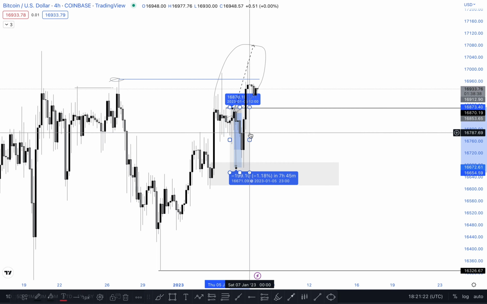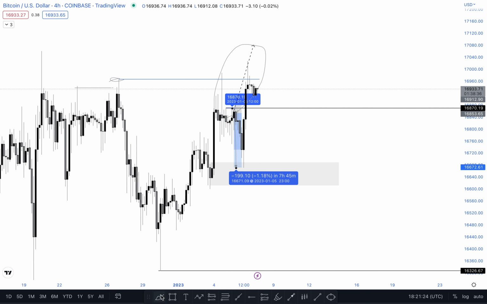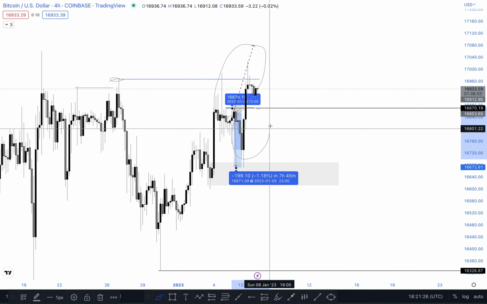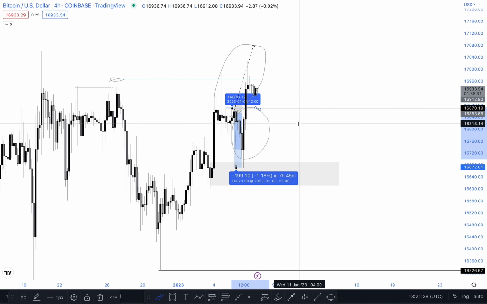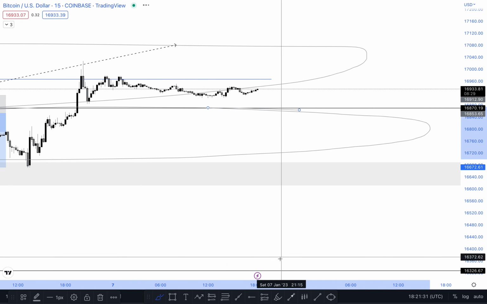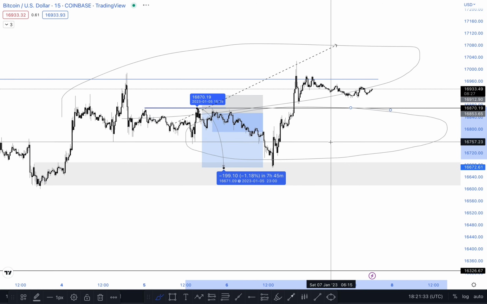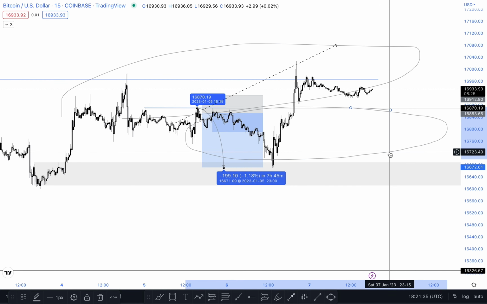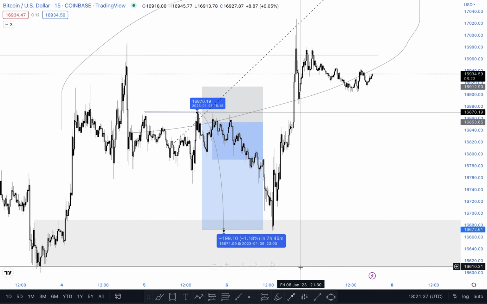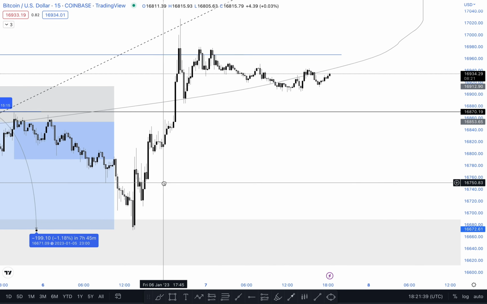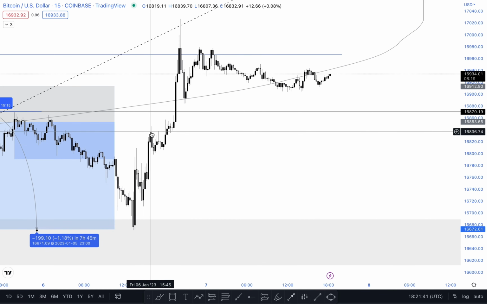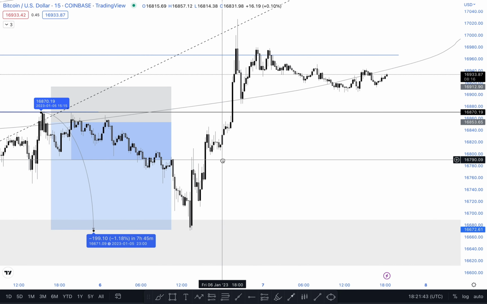Now, as soon as the market started retracing through to the upside right here, as I told you, I then look again, I then go to the 15 minutes time frame and try to spot a setup. Now, if I go to the 15 minutes time frame and I look at this impulse through to the upside, what you guys can see is that the market simply just impulsed through to the upside right there. We started pushing to the upside. We didn't give any setup through to the downside.